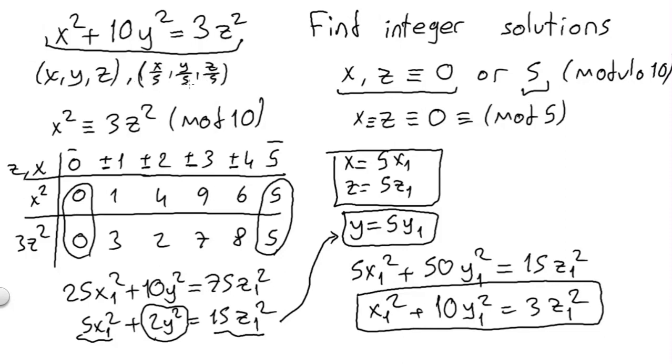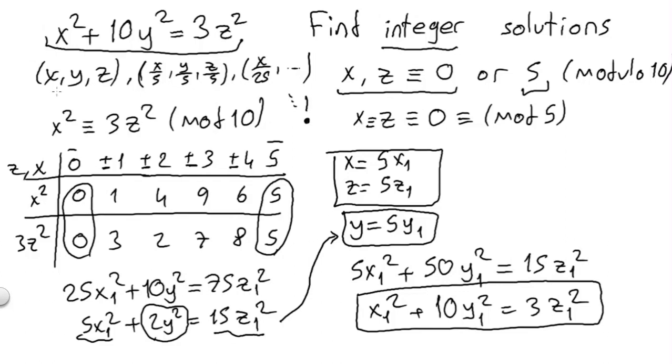Then I can keep doing this, and I get that x over 25, y over 25, z over 25 will also be a solution. I can keep doing this as much as I want, dividing by 5 each time, and since these are supposed to be integers, at some step this will fail.